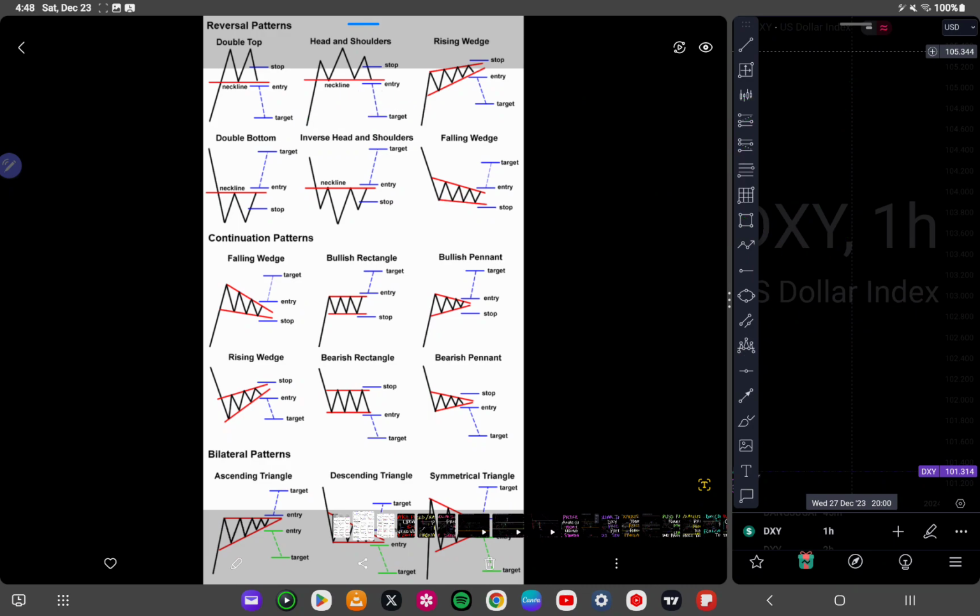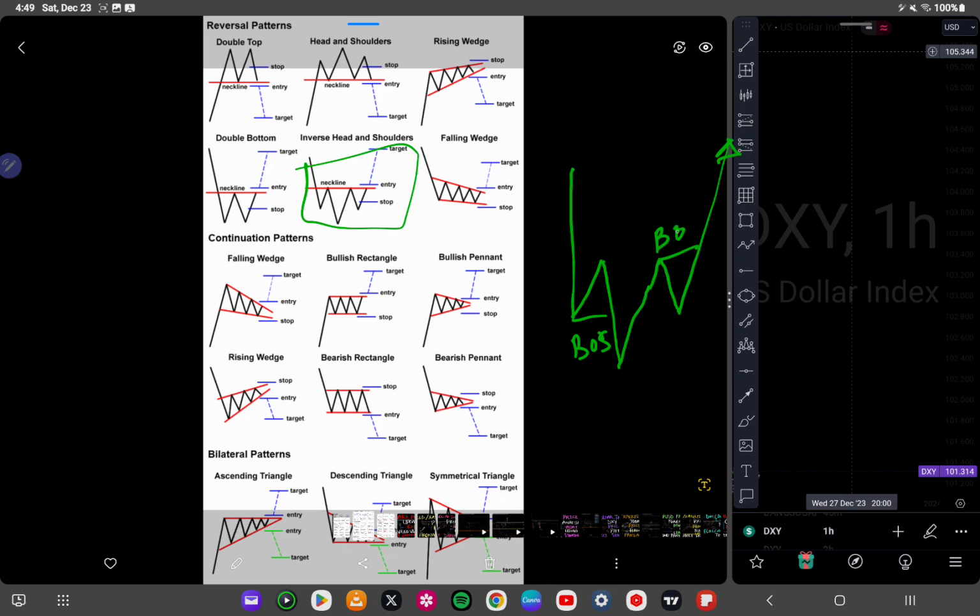Then we have another one called inverse head and shoulder. Inverse means the opposite of what we did, which means we are pushing to the downside. It gave us this shoulder, went down again, broke structure, and looked as if we're going to continue to push to the downside, right? Then it went up a little bit, came down again, and continued to push to the upside and broke the previous structure right here.